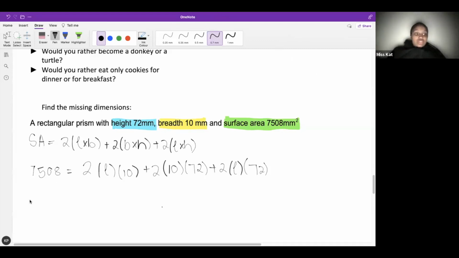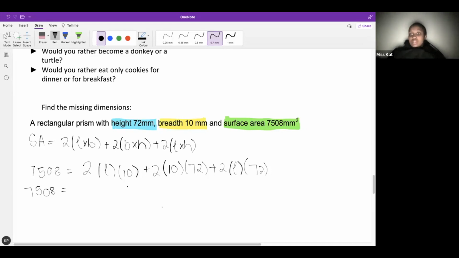So now I've substituted, right? I'm going to leave the left-hand side, 7508, equals. Okay, now I can't multiply the length, but I can multiply the 2 and the 10, can't I? What's 2 times 10, guys?